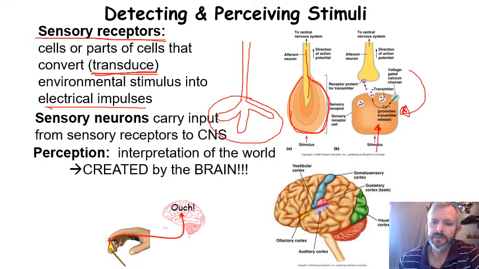But it is the stimulus. The transduction is what's going to give us that excitatory input to get our neuron activated to elicit the action potential.